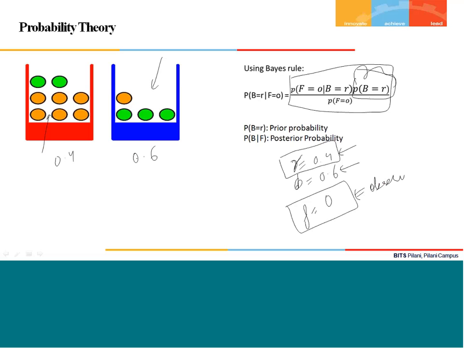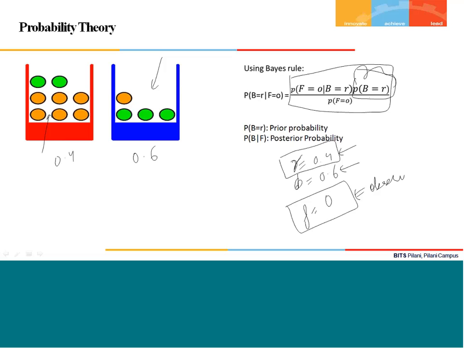So will there be any change in the belief? Yes. If I ask somebody to guess now that I picked an orange, is there any change in the probability of picking red and blue after this observation? He might have an intuitive idea that because he got an orange, there might be a high probability of having chosen that red box. That will change this probability.